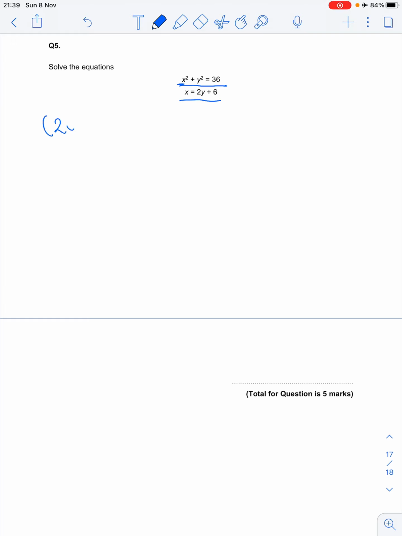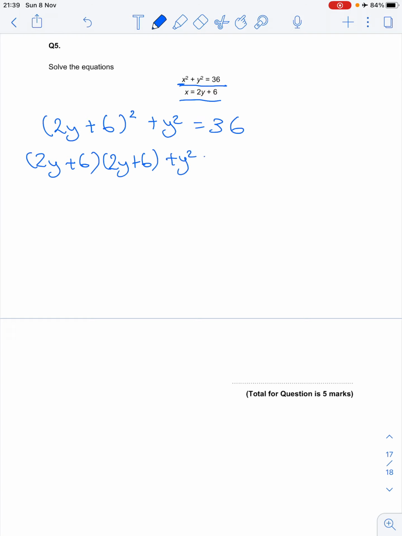So x is now 2y plus 6, squared, plus y squared equals 36. Now we know this (2y plus 6) squared is the same as (2y plus 6)(2y plus 6), plus y squared equals 36. Now we can expand our bracket.